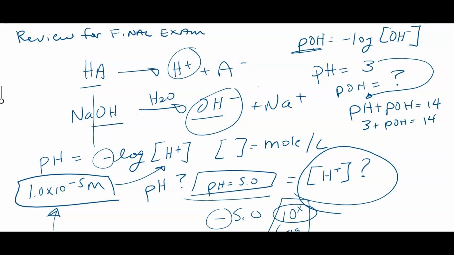So 3 plus something is 14. So pOH is going to be 11. So remember that little formula too. That's helpful. Okay, so read the problem carefully to see if they're asking for pH or pOH, and then solve using these formulas. Okay, I'm pausing for the next topic.